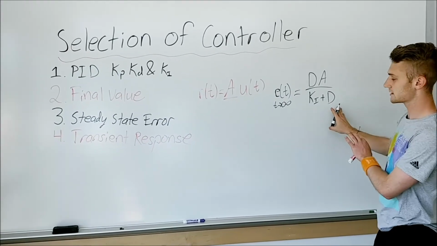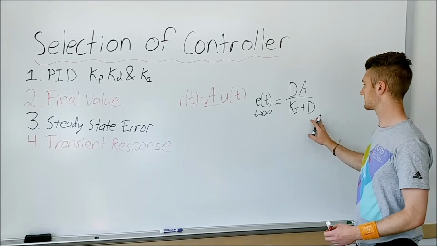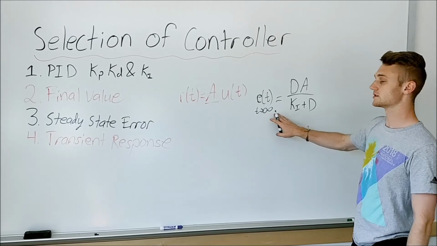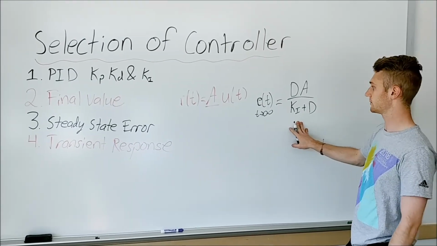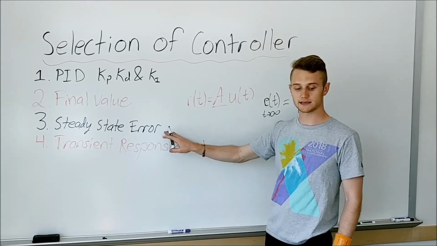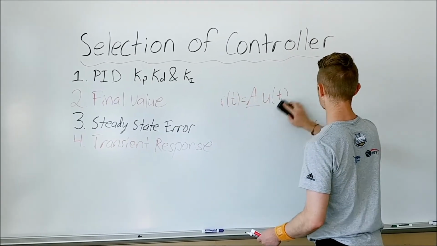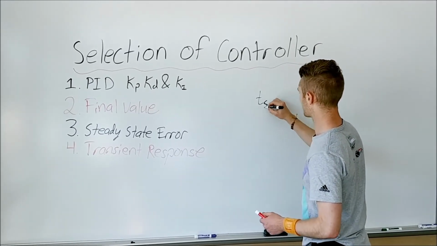And this analysis led us to a bit of intuition as to what to select for Ki. In order to reduce the steady state error, we wanted to make Ki as big as possible.